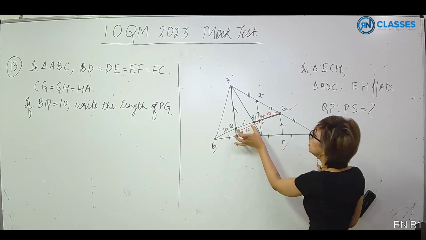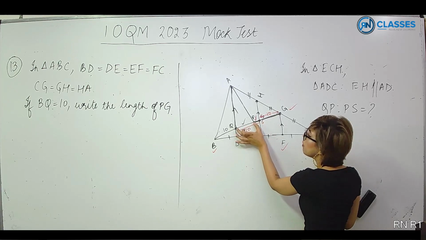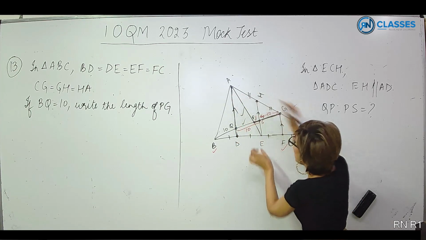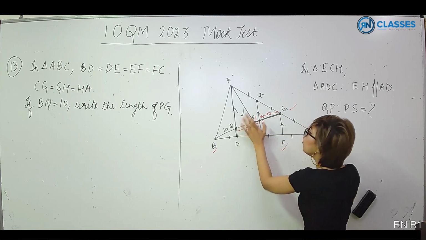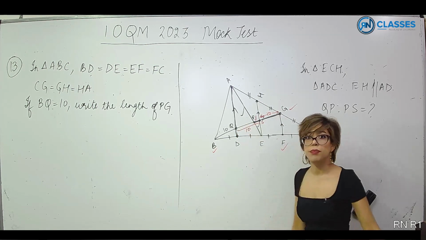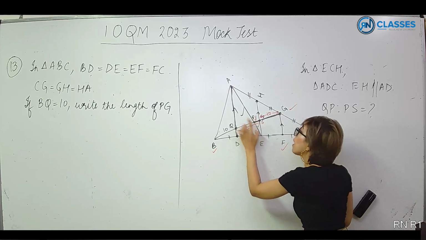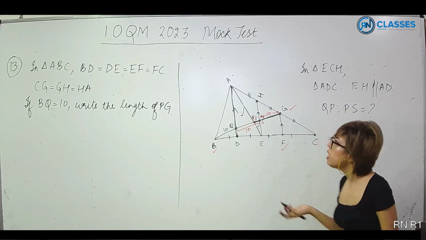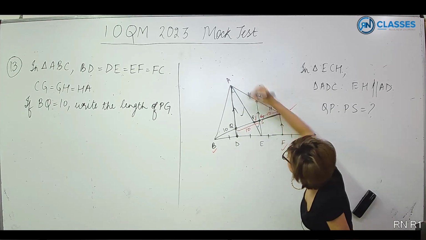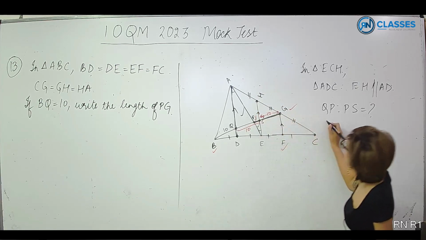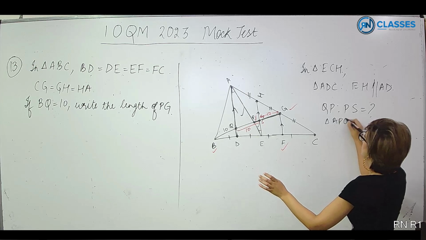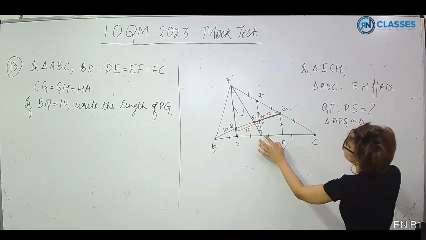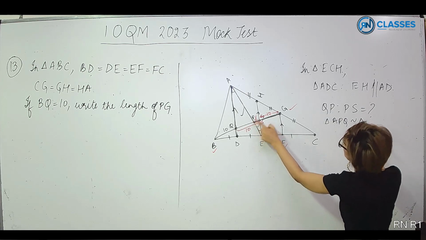Now ratio, this by this. This is getting involved in this triangle and this is getting involved in this triangle, this side. Now ratio of the sides of triangles will be involved provided these two triangles are similar, which they are. Right? Because this angle is equal to this angle and vertically opposite angle. So I can say triangle APQ is similar to triangle EPS.